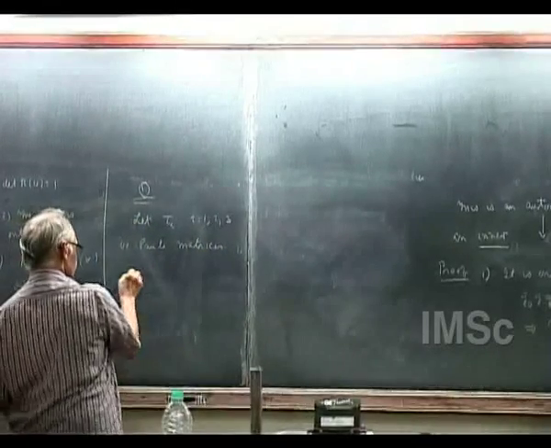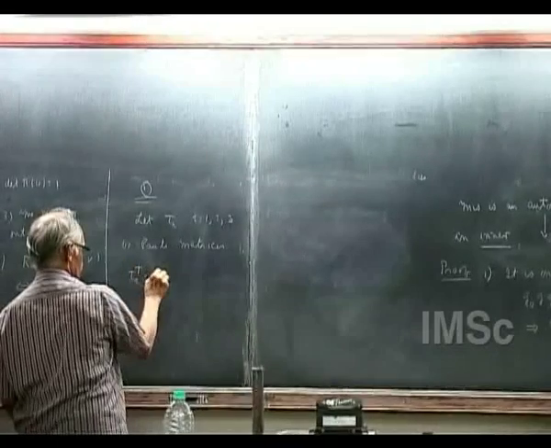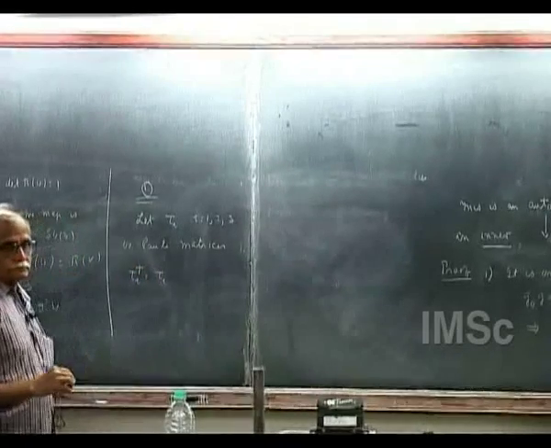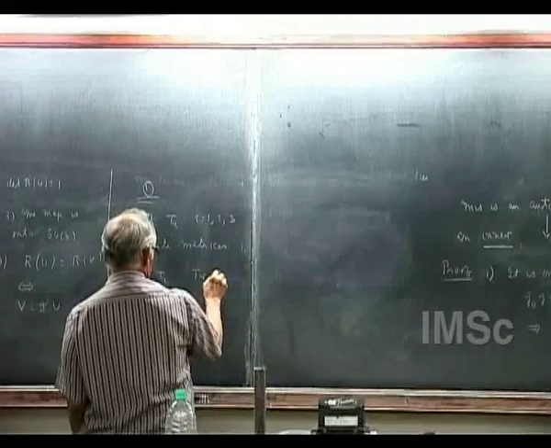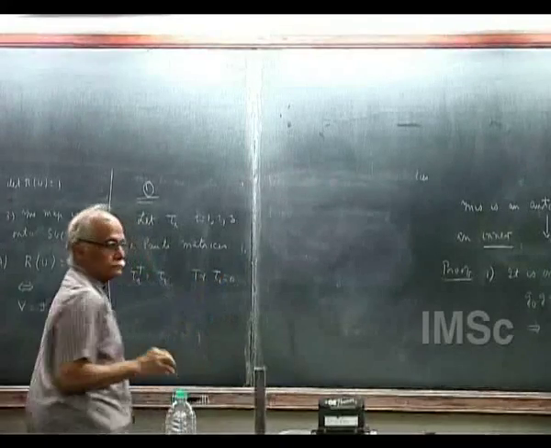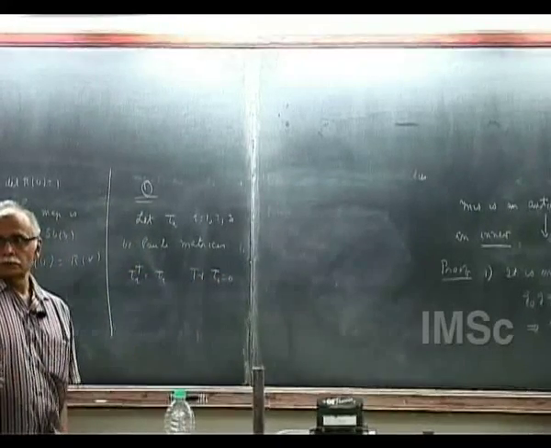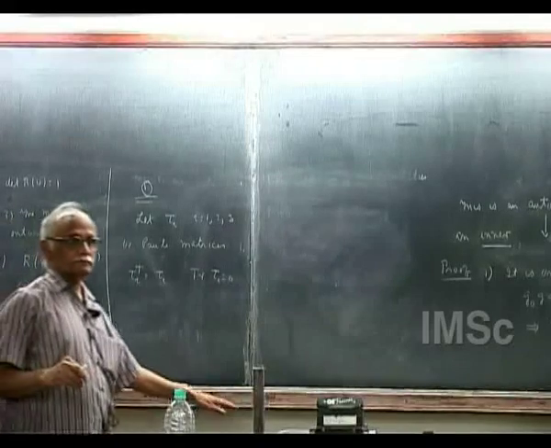So the tau are Hermitian and they are traceless. So these are traceless Hermitian matrices.